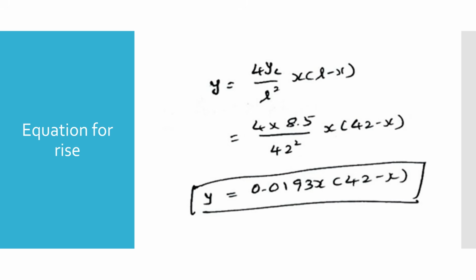Substituting our central rise yc of 8.5 meters and total span L of 42 meters gives 4 times 8.5 divided by 42 squared multiplied by x times (42 minus x). This simplifies directly to y equals 0.0193x times (42 minus x). We will use this spatial elevation profile in our strain energy integrals.